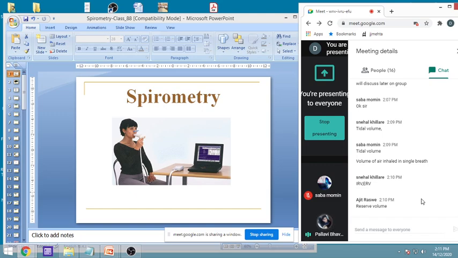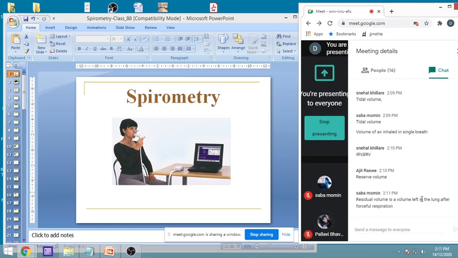Spirometry. Okay, with the help of spirometry. Very good. So we will discuss spirometry, what the various things are, and we'll go fast, and then we'll see various diagnostic features of various situations.